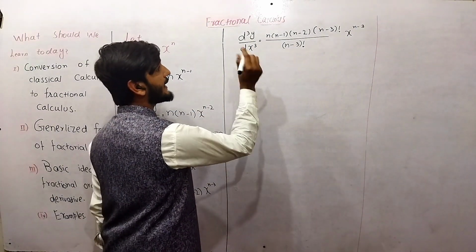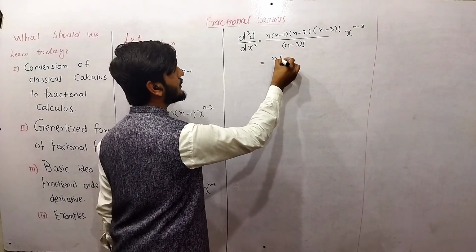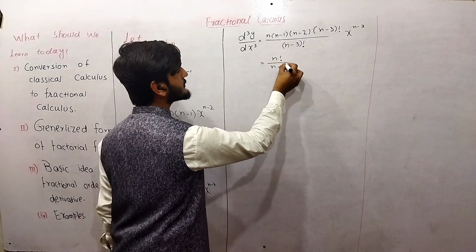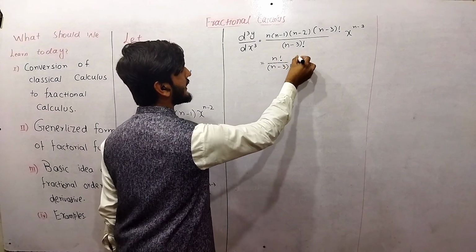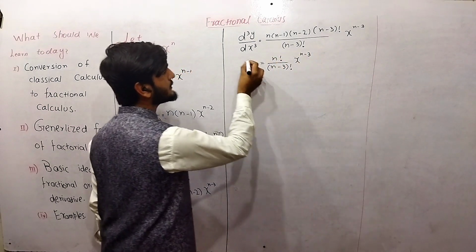So we can write it as n factorial over n minus 3 factorial x raised to power n minus 3.